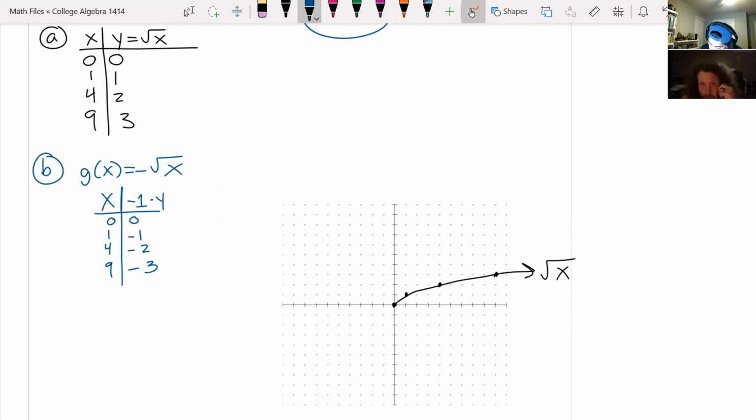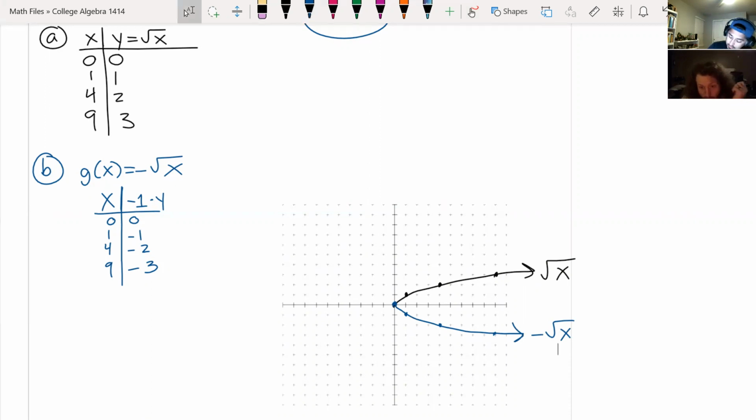And then 0, 0, 1, -1, 4, -2, and 9, -3. And here we get the negative square root of x. So you see we have reflected the original parent function. We've reflected it over the x-axis.